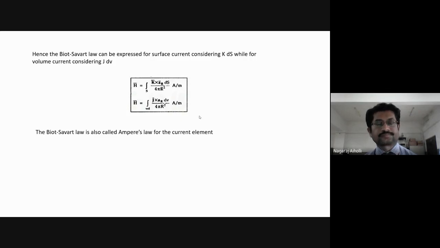Solved, students? Any difficulty while solving? If you are having any doubts or questions, you can ask. Any problem in understanding?